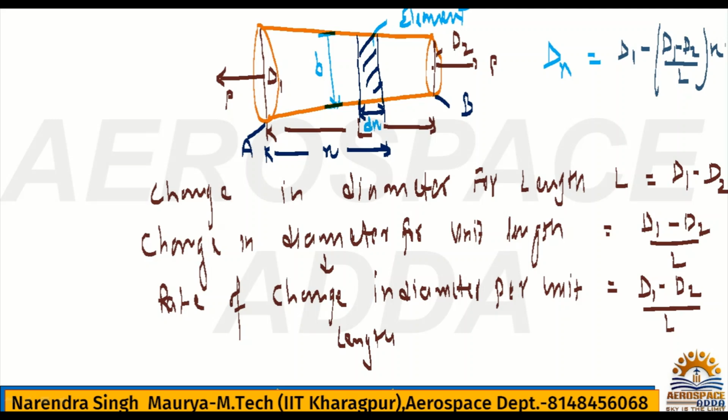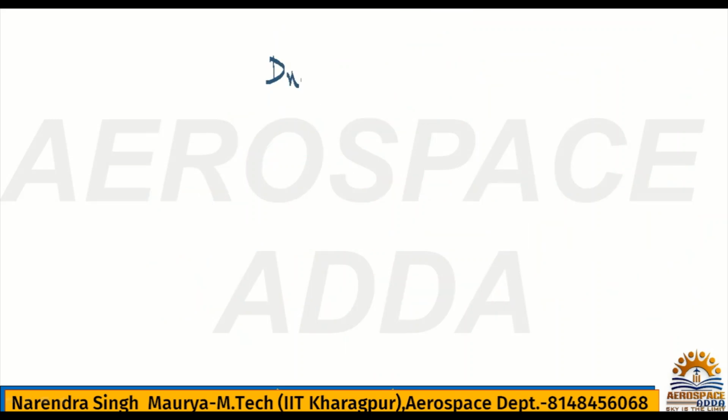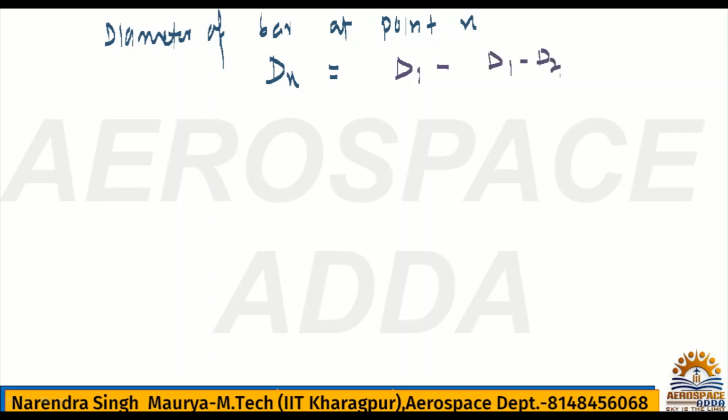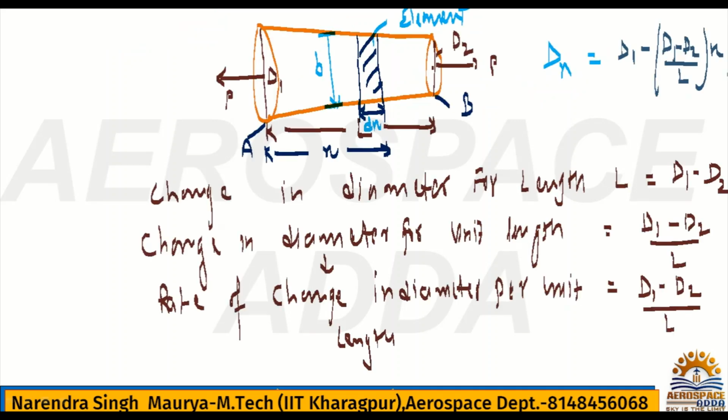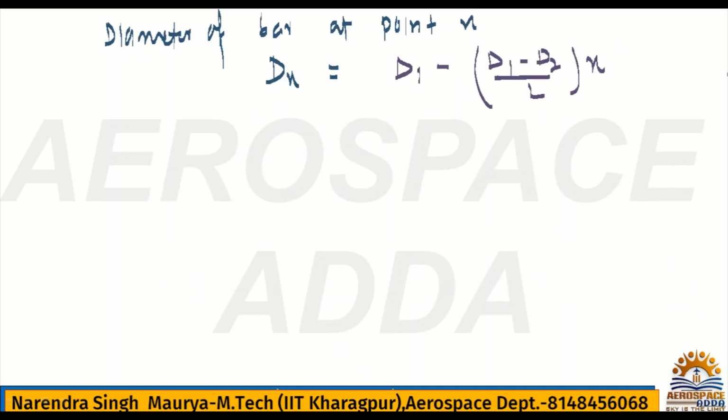Again, I will write it and show you: Dx is the diameter of the bar at point x. So this Dx is D1 minus D2 by L into x. This is the formula you have written. There are mathematical techniques behind this, but don't go into that. I will prove whether this is right or wrong.